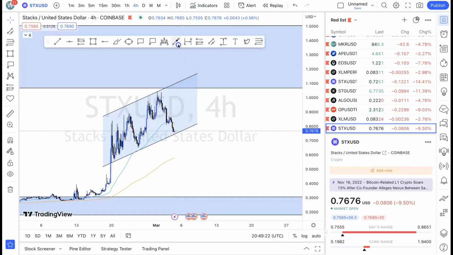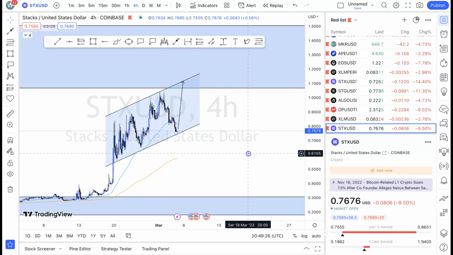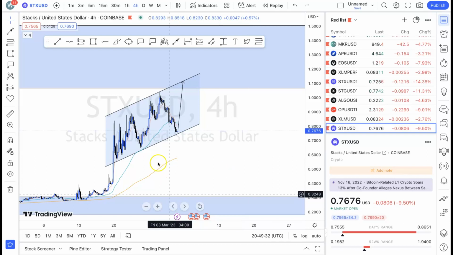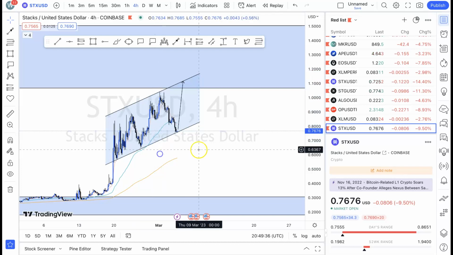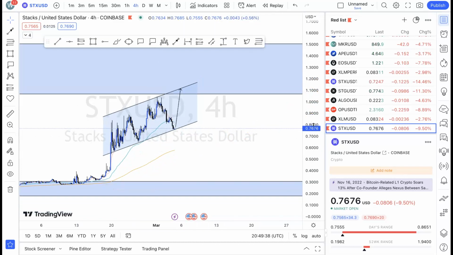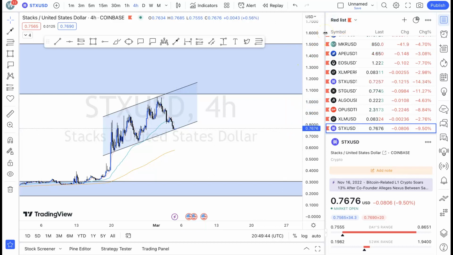So if that channel holds up, really easy, right? So we'll have a retest. So that's what I can see. This is what it looks like to me on that. So you can use that channel as a tool to look out for your entry.